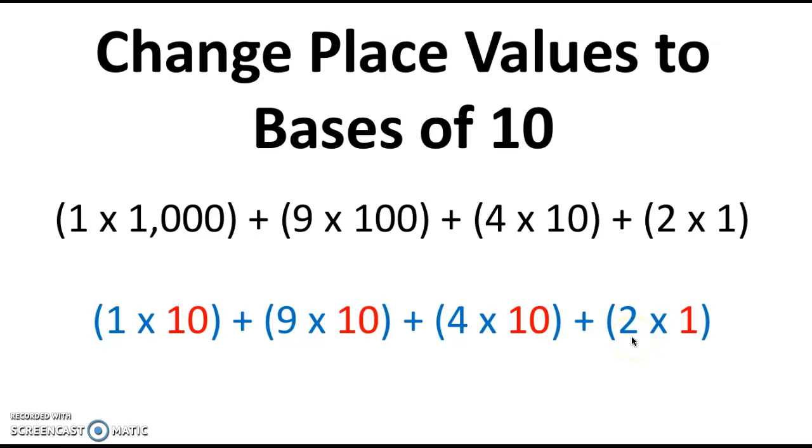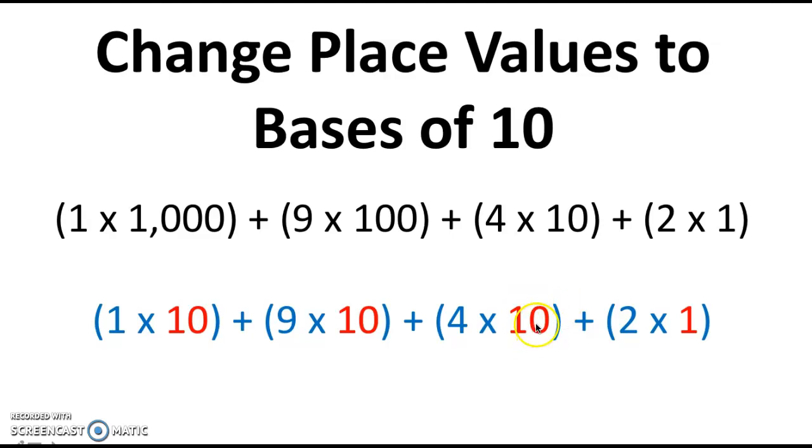So the first step that I recommend when you're changing a number into expanded notation with exponents is that you change the place values to a base of 10. What I mean by that is I have my number in expanded form here. I'm copying everything down from my expanded form down here except for the place values.